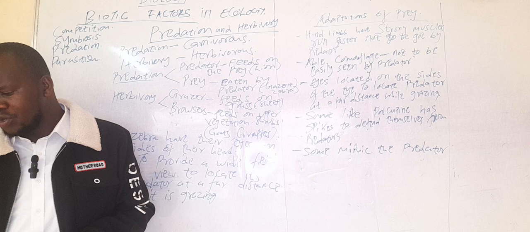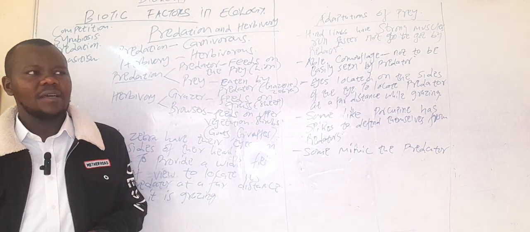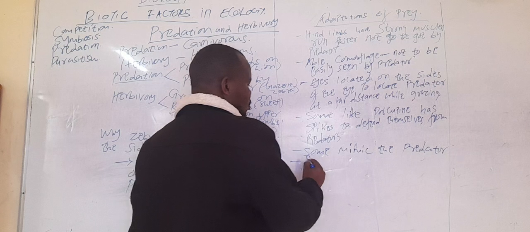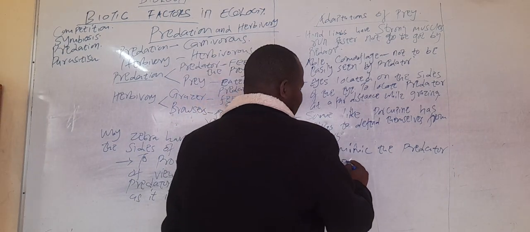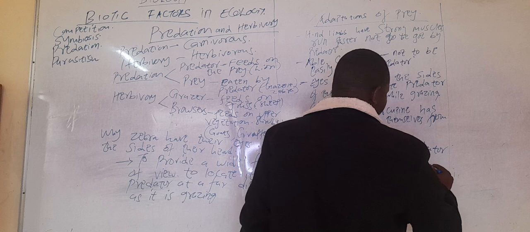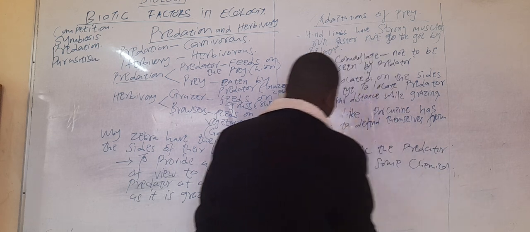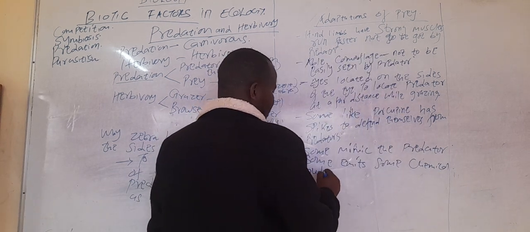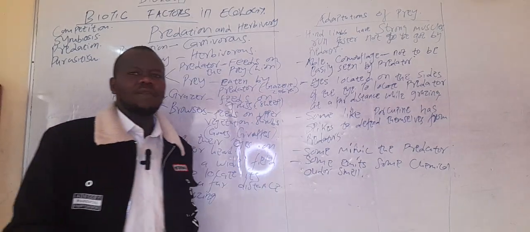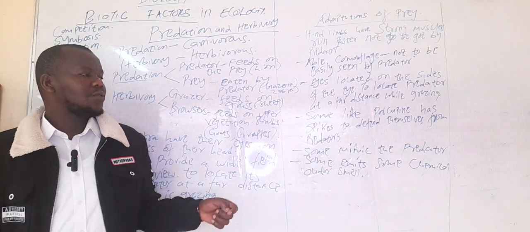Others will produce or emit some chemical that will have some odor, some smell. So we are speaking some words: emits some chemical or even odor smell. And because of the production of such odor smell, it will do what?